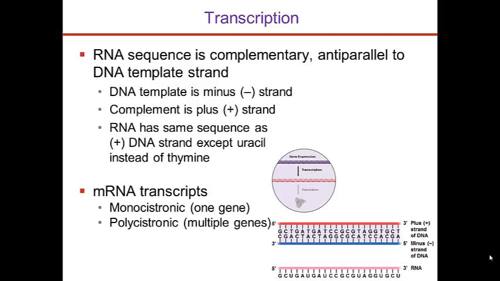If the mRNA carries only the information for one gene product and one protein, it is called monocistronic. Polycistronic messenger RNAs code for more than one gene product or protein on a messenger RNA molecule.